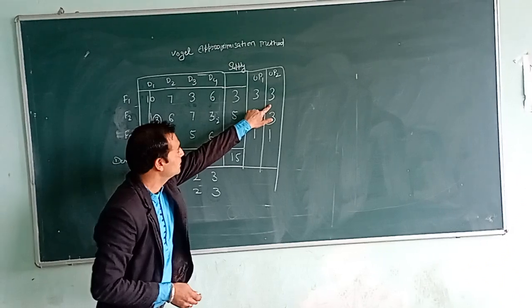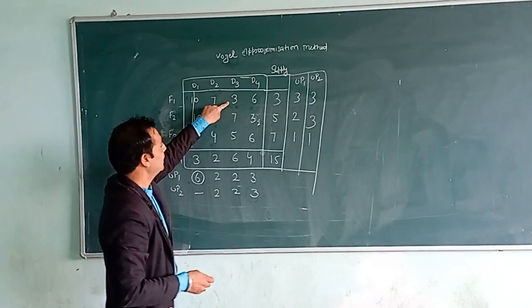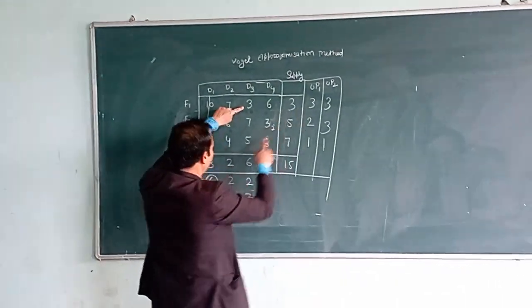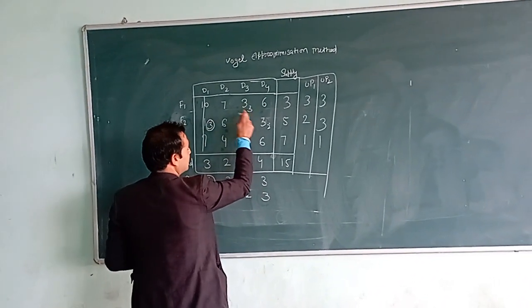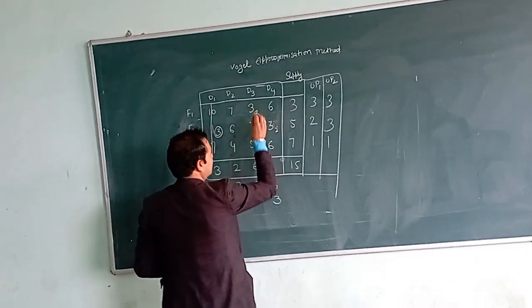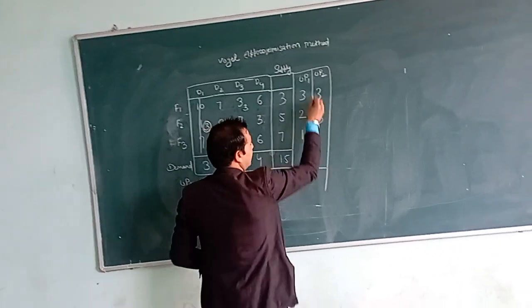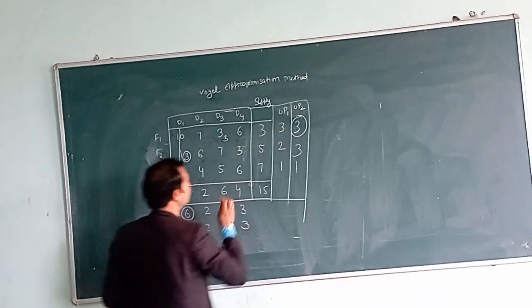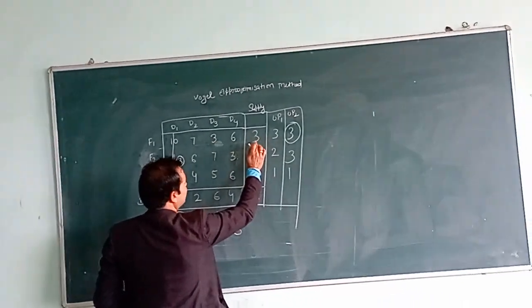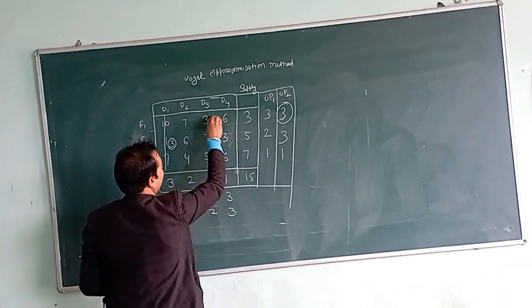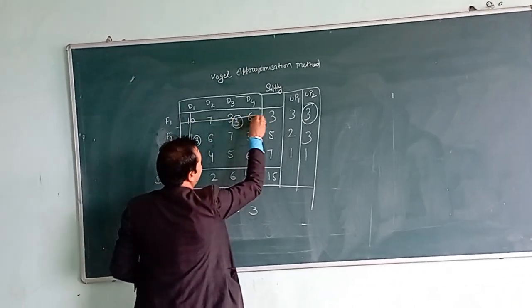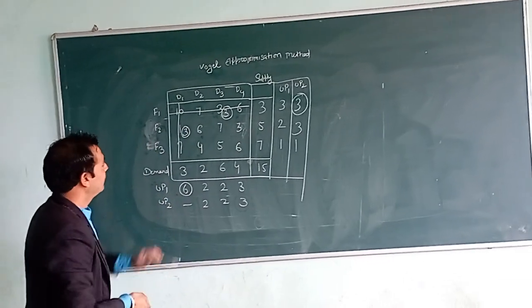When we consider this 3, the minimum element, supply is 3 and demand is 6, so we consider the maximum allocation, that is 3. That's why we select this value. Here supply is 3 and demand is 6, and delete the first row.